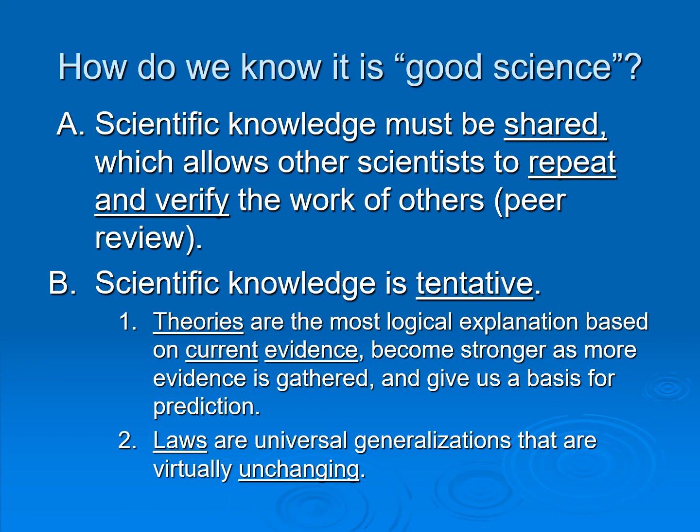So we have the law of gravity. Here on Earth, if I take something and I drop it, it's going to accelerate 9.8 meters per second squared towards the floor. Theories: the theory of evolution. There is significant evidence that supports that theory. And as we continue to gain evidence, that makes that theory stronger. But it's not quite to the point of being a law.